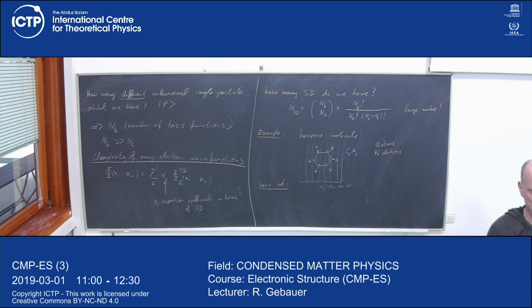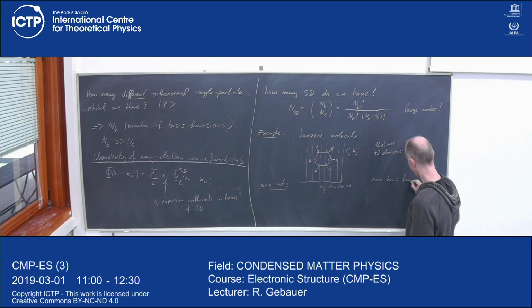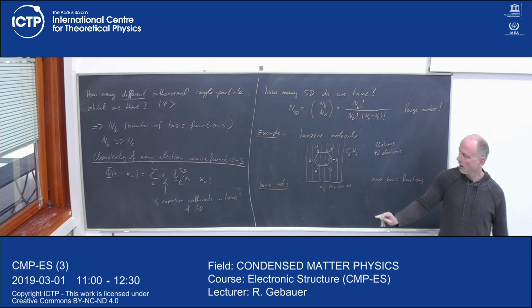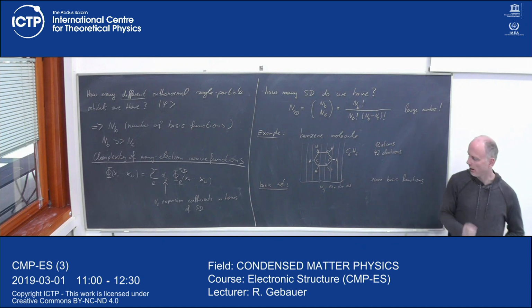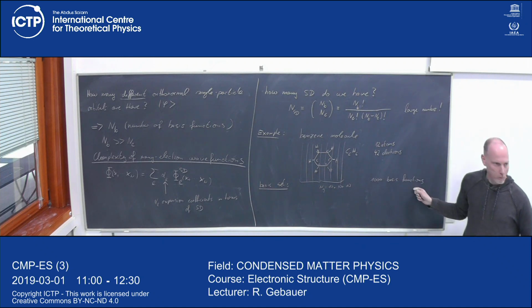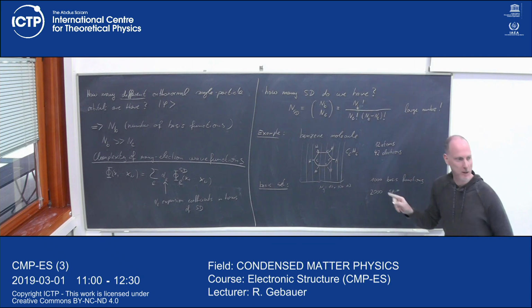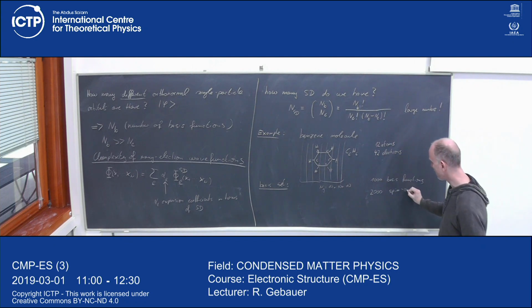You can imagine this is not very precise, and certainly we would need many, many more, but let's just work with this here. So we have 1000 basis functions. In other words, on a 10 times 10 times 10 grid, you have 1000 linearly independent single particle shapes. 1000 basis functions in space means you have 2000 spin orbitals, because each one of them can be filled with an electron which is spin up or an electron which is spin down.